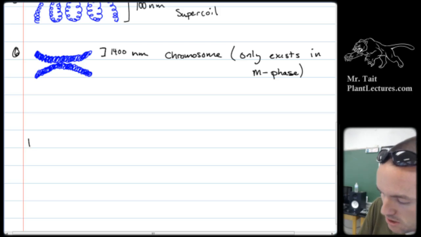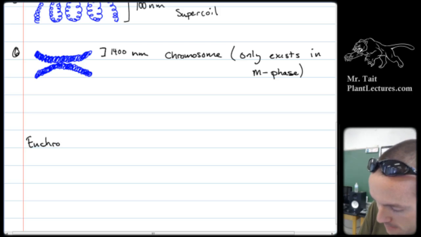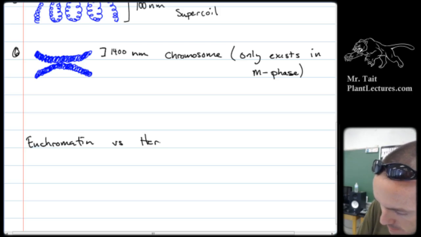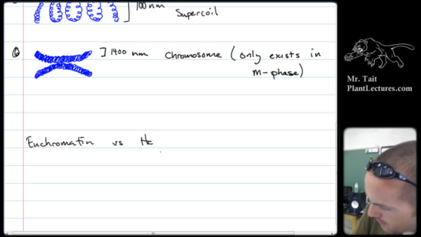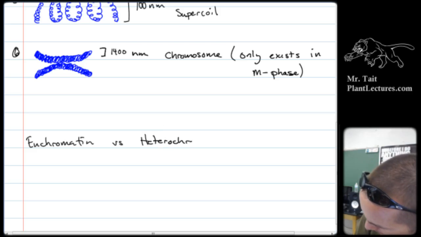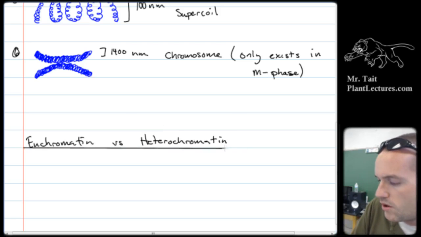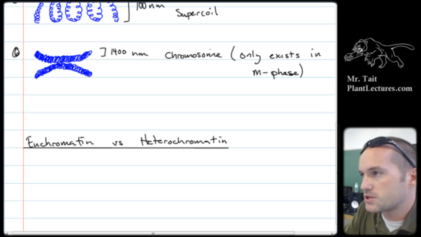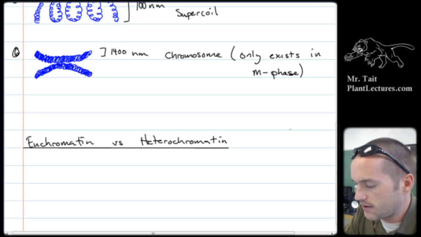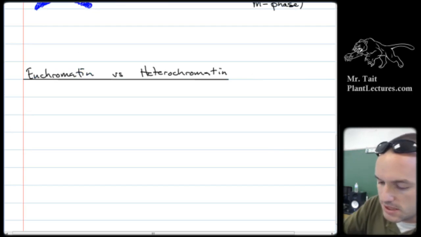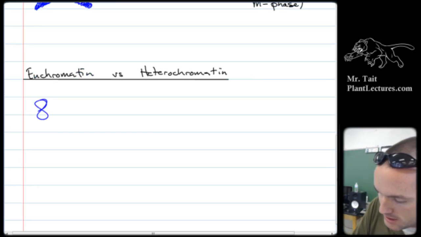There's a concept called euchromatin versus heterochromatin. Okay, so chromatin is the form that DNA takes when it's not in chromosome form. So every other time, during interphase, it's in chromatin. And what chromatin looks like is something like this.